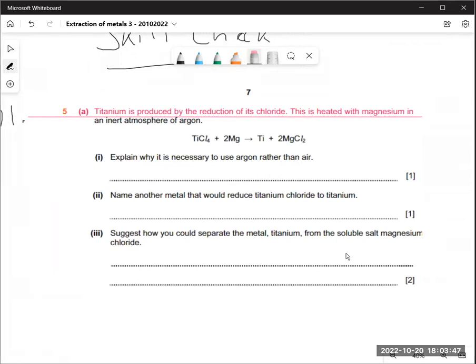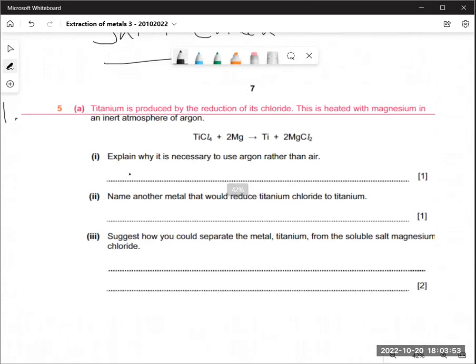I think we'll use argon because it is a noble gas. It's in group 8. Yes, good. But how does it relate to the titanium metal? Why would you not want to put air on a metal?